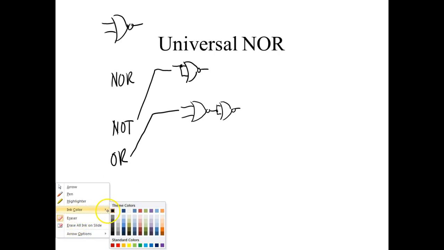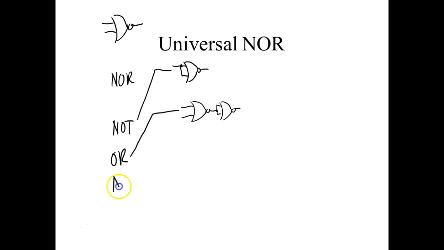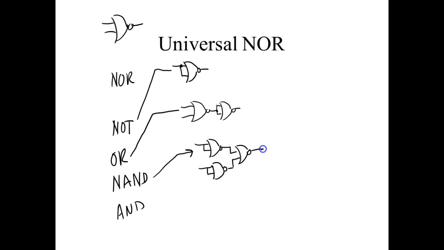So how would I get an AND? That would give me a NAND, right?